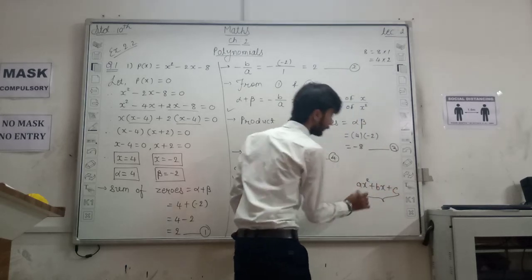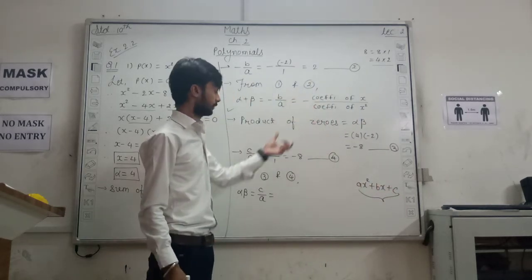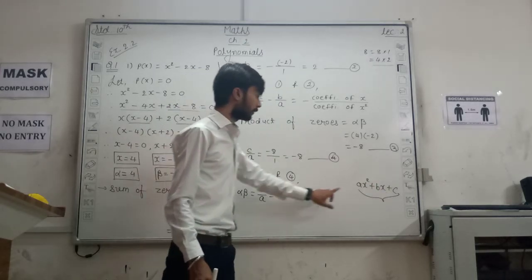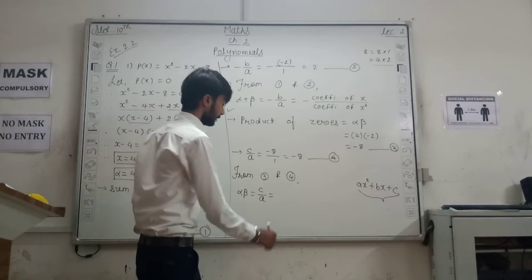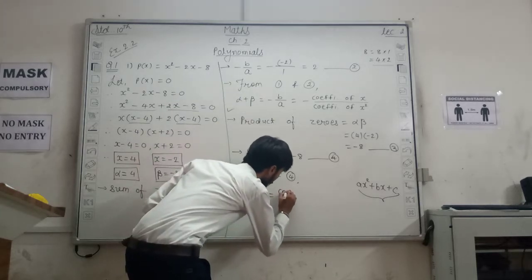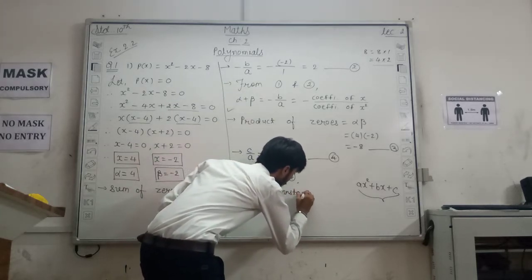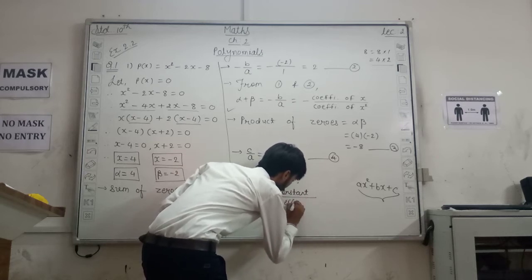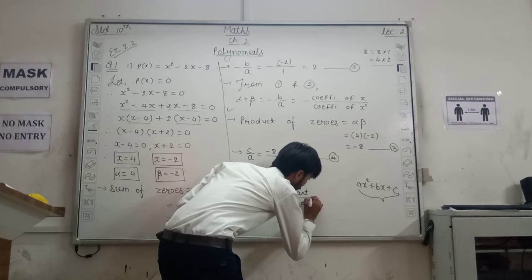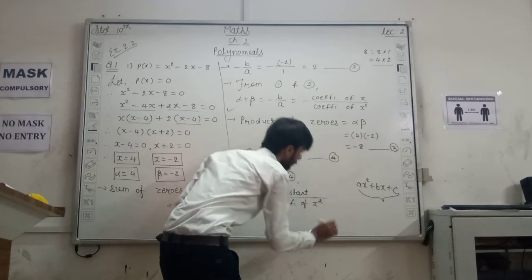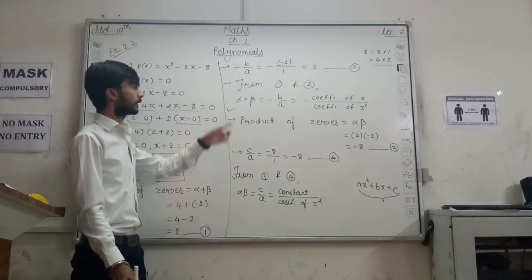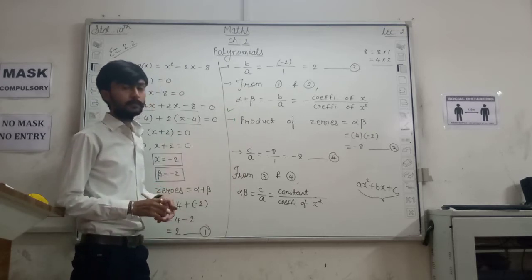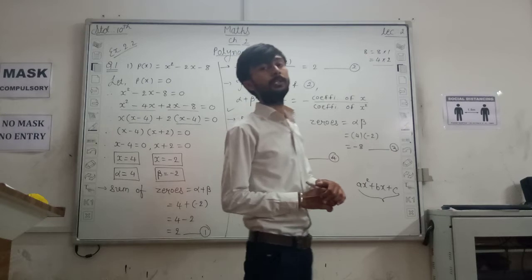According to this general form, c is the constant and a is the coefficient of x square. So these are the two relationships between the coefficients and zeros of this given polynomial.